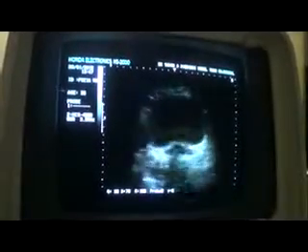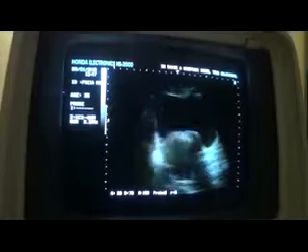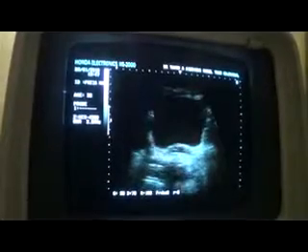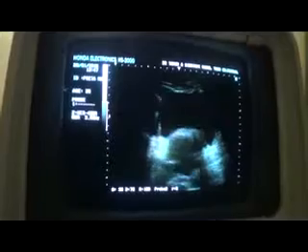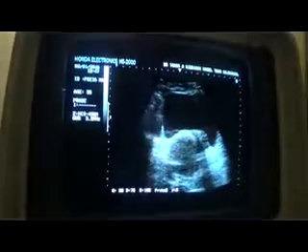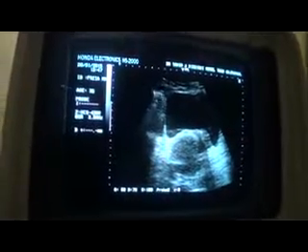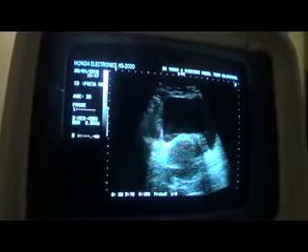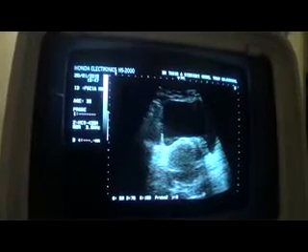And on the right side, you don't see any such structure. The trick is that you take the transverse section of the urinary bladder, move the probe towards the right side, angle it spirally, and try to get the iliac vessels. These are the iliac vessels, and this is the ovary on the right side.